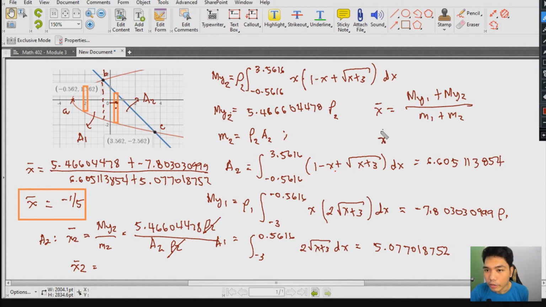Kasi remember, the other formula here is that if you have the mass 1 multiplied by the centroid 1, okay, and then you add yung mass 2 and then the centroid 2 divided by the total area.